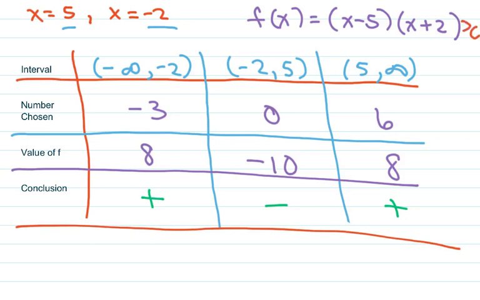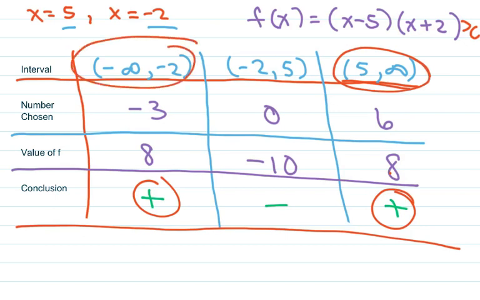So I'm going to pick my intervals that give me positive values, which is this one and this one. So my solution set is x such that x is less than negative 2, or x is greater than 5.